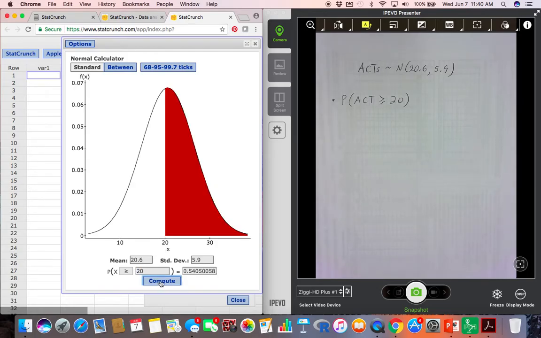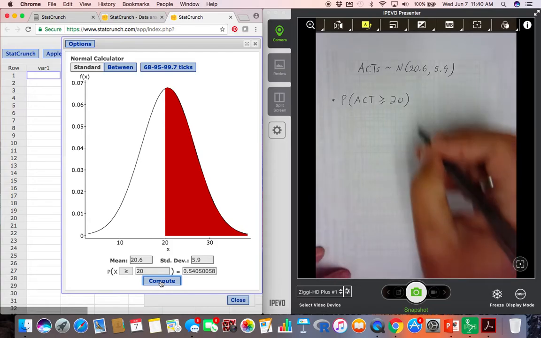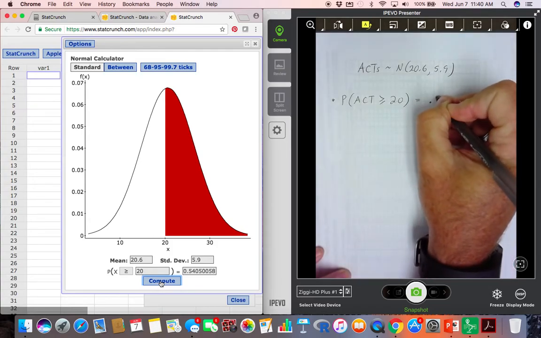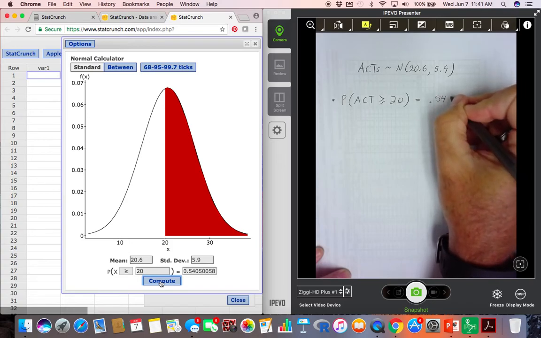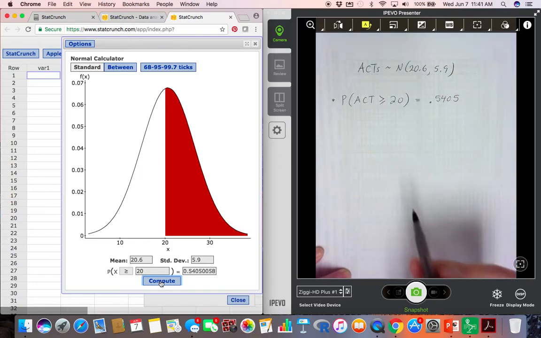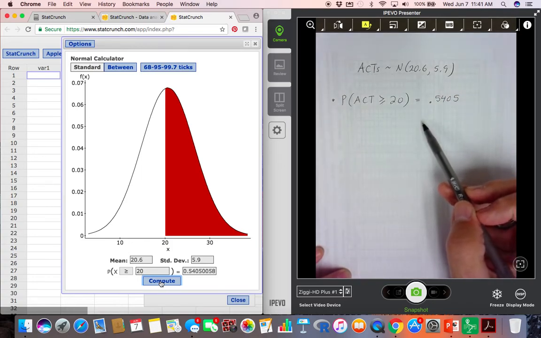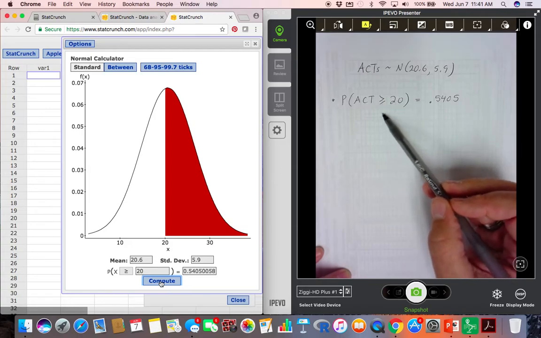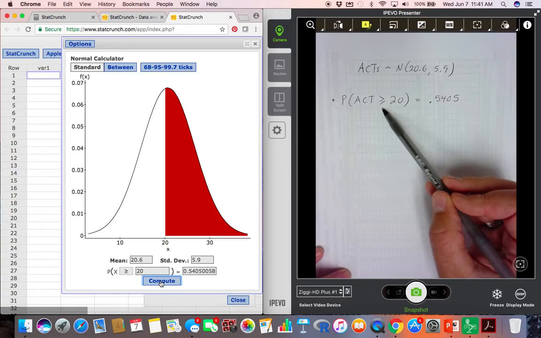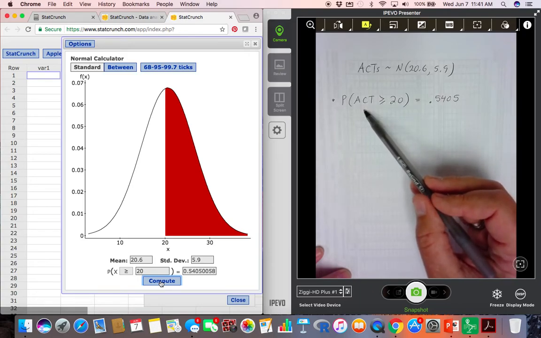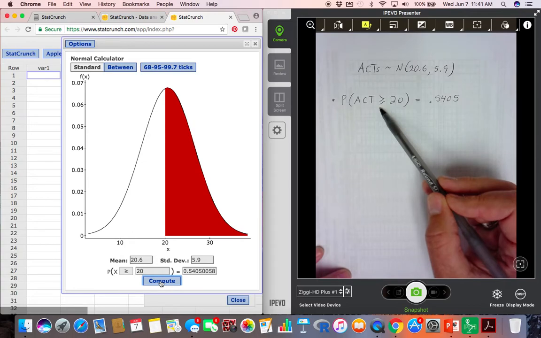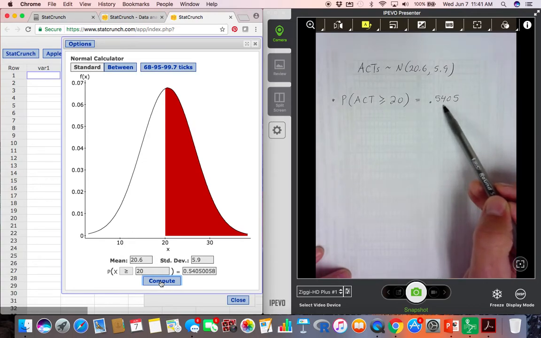And we will hit compute. So the correct answer here would be 0.5405. So what this tells us is we close our eyes and we choose one student at random. The probability that that student has an ACT greater than or equal to 20 is 0.5405.